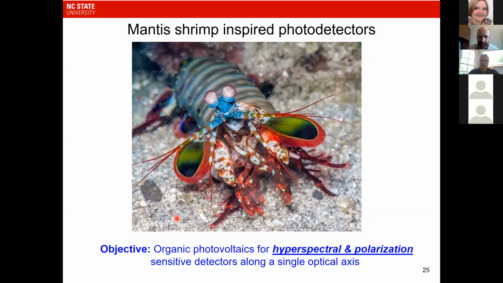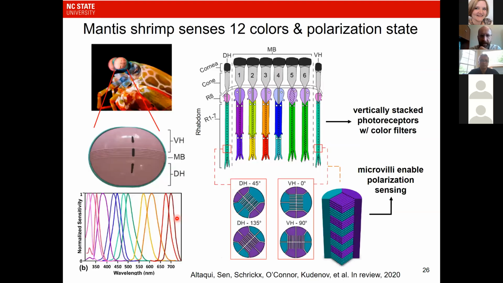We want to do this multispectral, hyperspectral, and polarization sensitive along a single optical axis. If we look at the mantis shrimp's eye, here's the mantis shrimp eye, and here's a close-up of the eye. It consists of a range of pixels along the surface, effectively, that are called ommatidia.